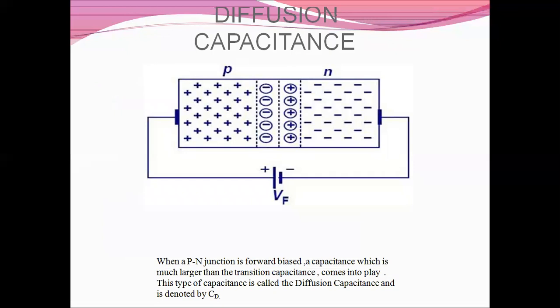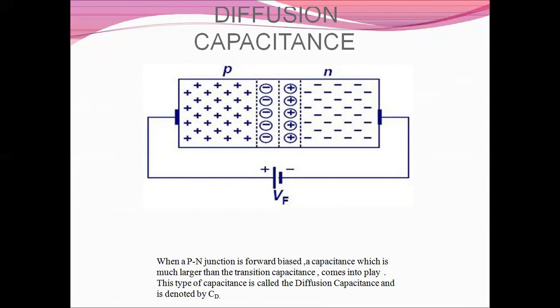So now we are going to see diffusion capacitance. Before we start, that was the transition capacitance; now we are going to see the diffusion capacitance. The difference between these two capacitances is the biasing. For transition capacitance you use reverse bias, but for the diffusion capacitance you use forward bias.